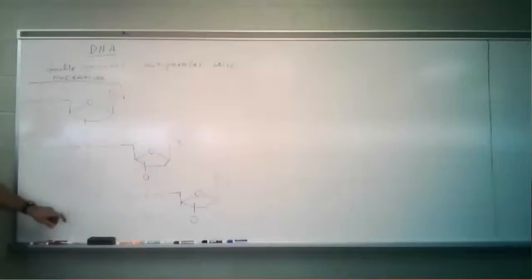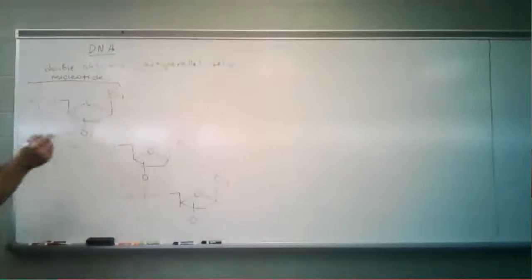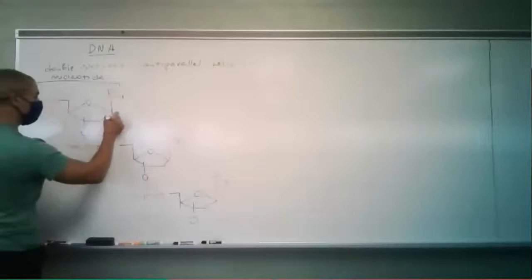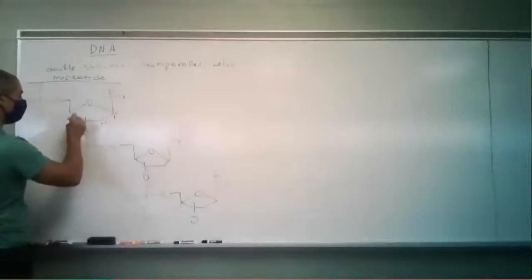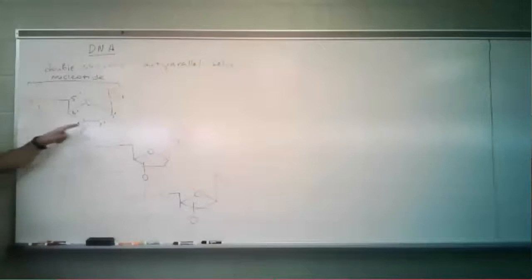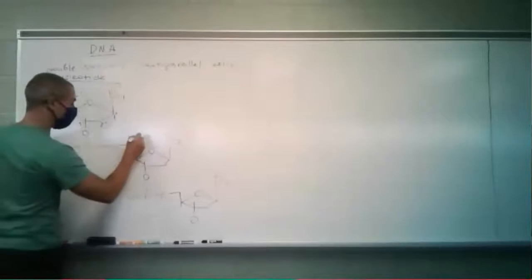Now look at this. First of all, all these carbons, those are carbons, numbered like this. Okay? So 1 prime, 2 prime, 3 prime, 4 prime, 5 prime. So basically what you have is that 3 prime carbon of one sugar is connected to 5 prime carbon of another sugar by a phosphate group. Does that make sense?